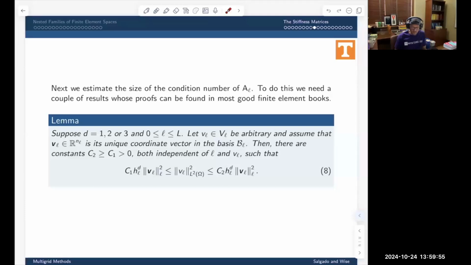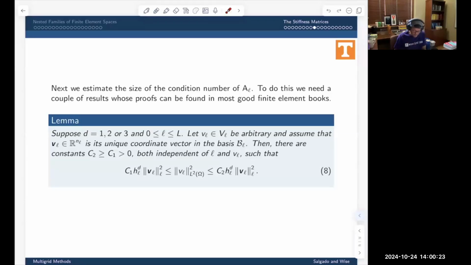It turns out yes, and we can do this with some interesting tools. All right, so the following results can be found in any good finite element books. I've asked you when the time comes to do these computations in 1D to see how they go, but otherwise, I'm not going to ask you to do them in 2D or 3D.